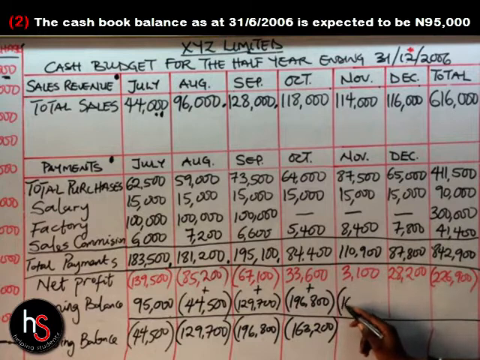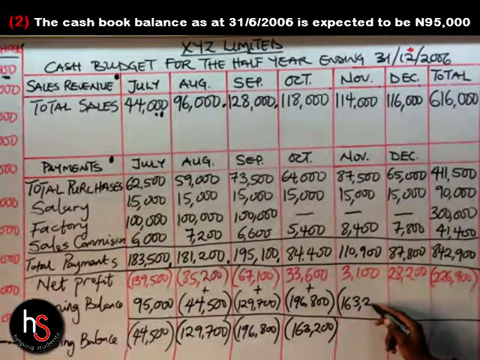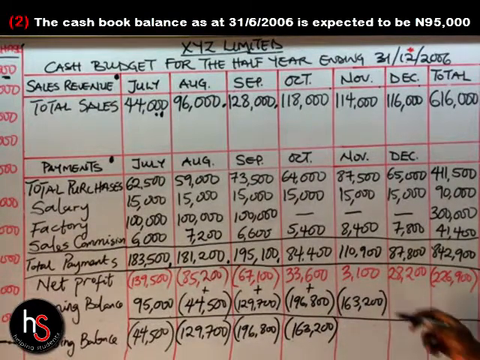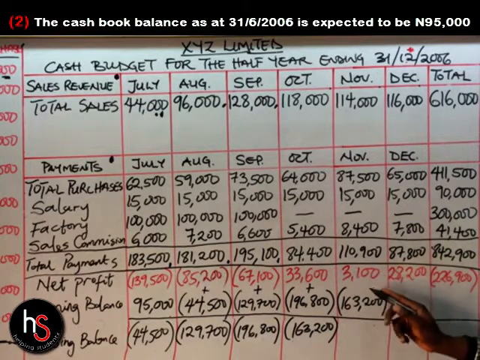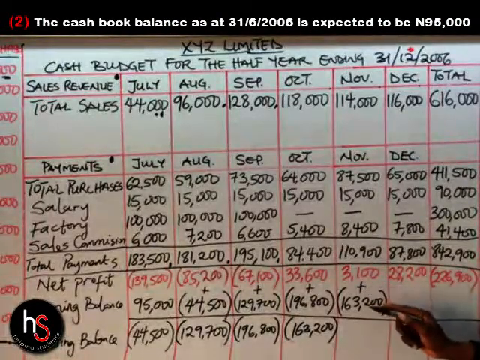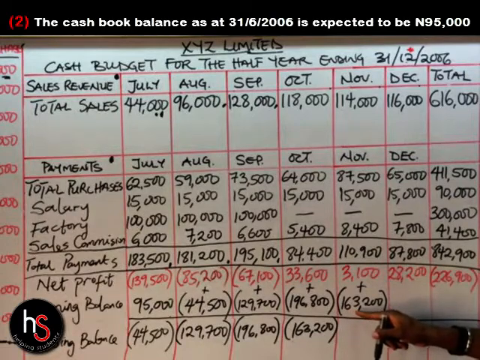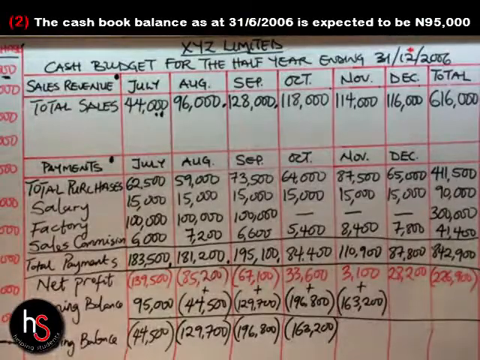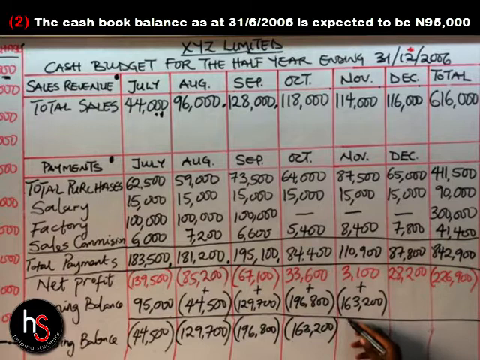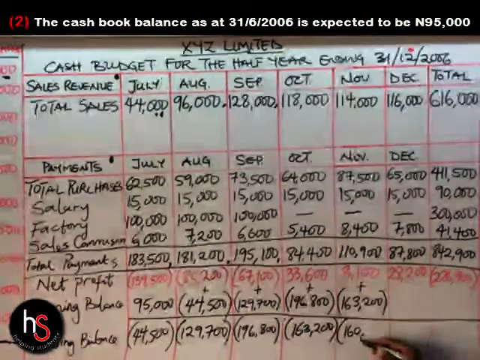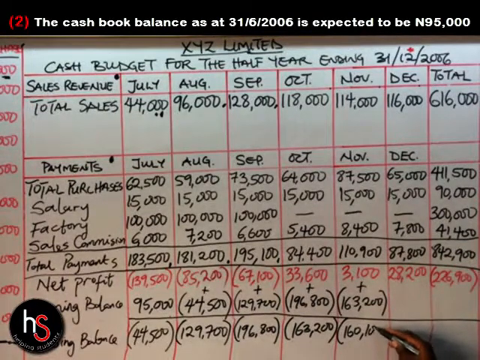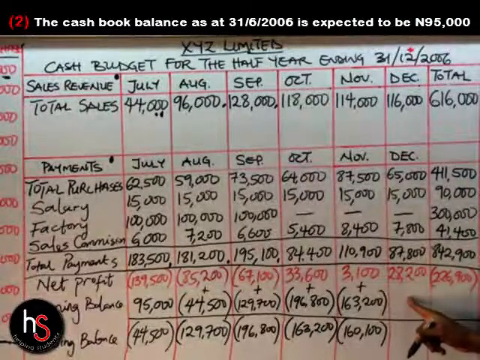This closing balance comes over to the next transaction. So we have minus 163,200. So what we do is 33,100 plus minus 163,200. So that gives us minus 160,100. This comes over to the next one.